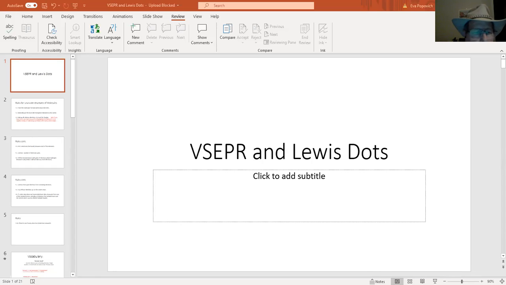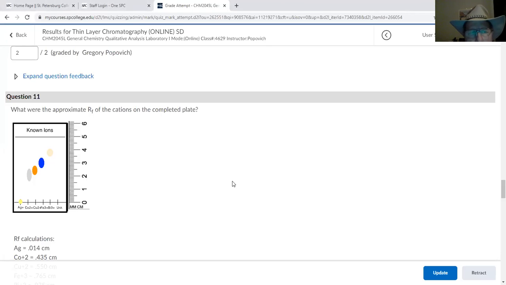There were two different sets of data given to you. One of them had the solvent front going to 5, and what was actually given to you in the student data had the solvent front going to 10.